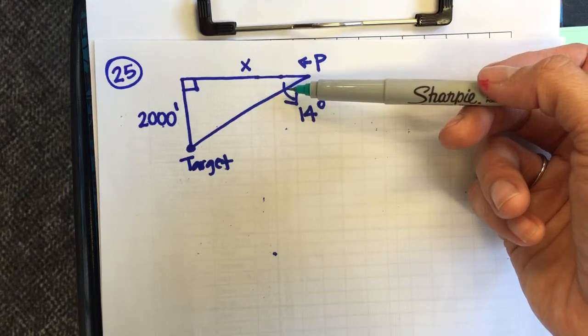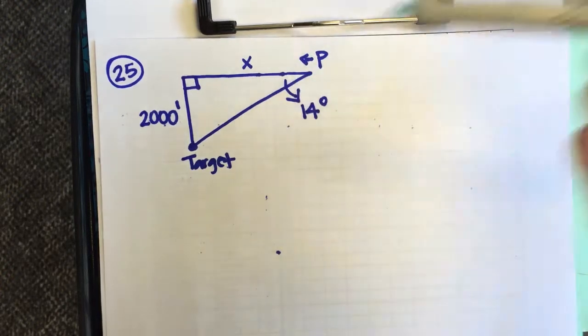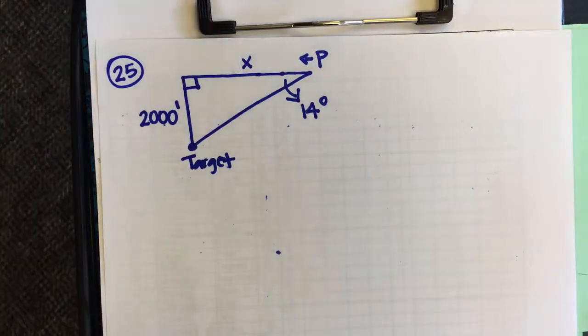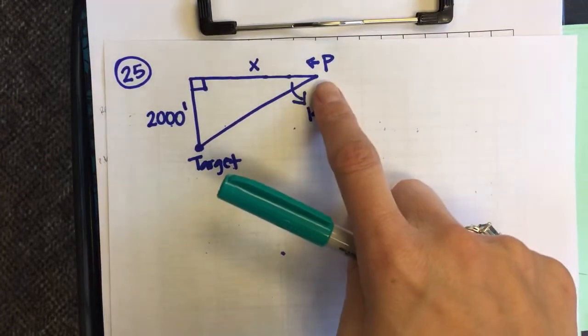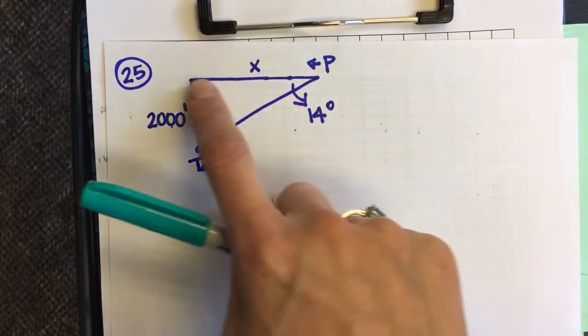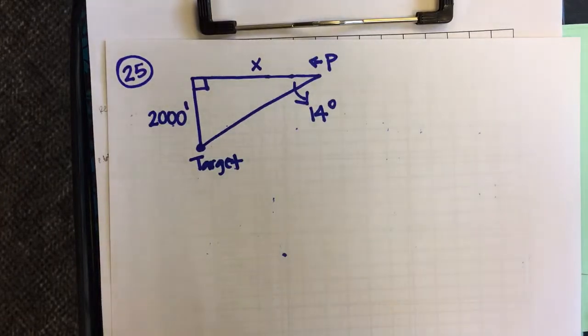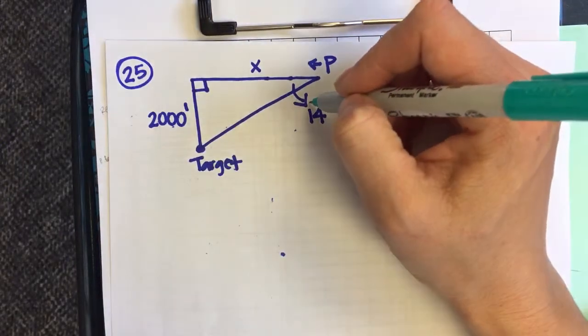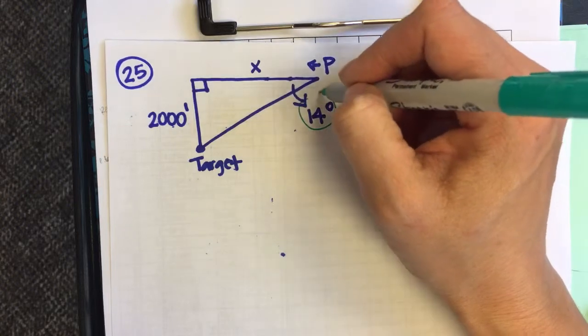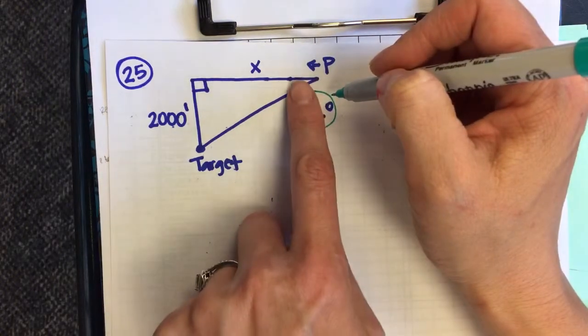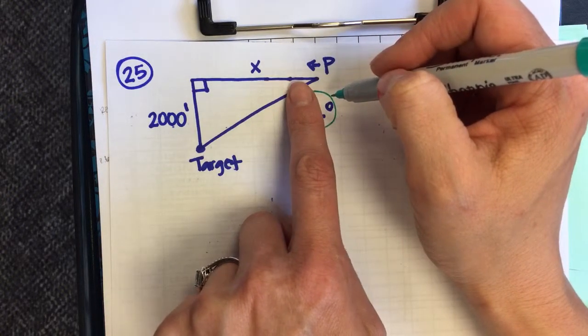Part A wants you to know how far away horizontally you are from the target. Okay, so horizontal distance from the plane to the target is the side labeled X up there. So that's what we're going to find first. Start with identifying the angle you have. That's my angle 14 right here, and labeling the two sides.